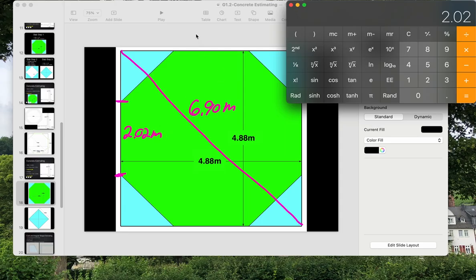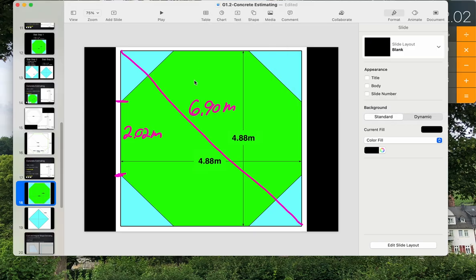Okay, so now we know that the area of the entire square is 23.81 meters squared. So the 2.02 is the length of one of these triangles, right? So that's 2.02, that's 2.02.